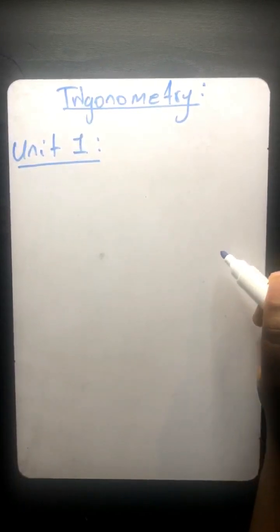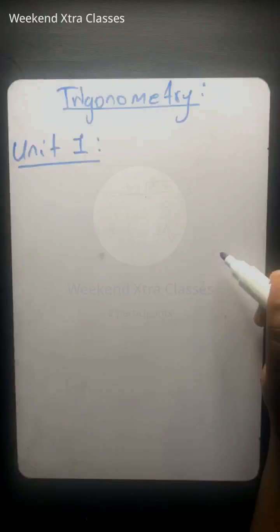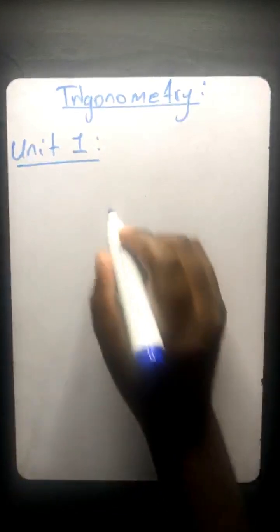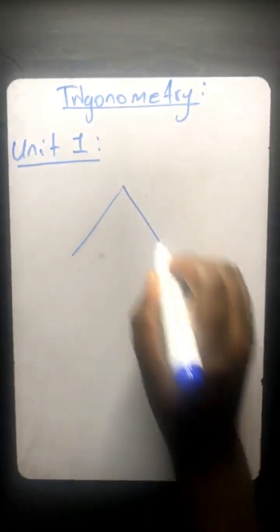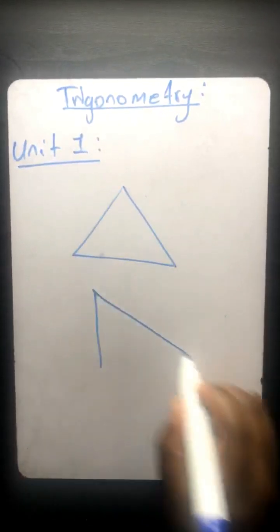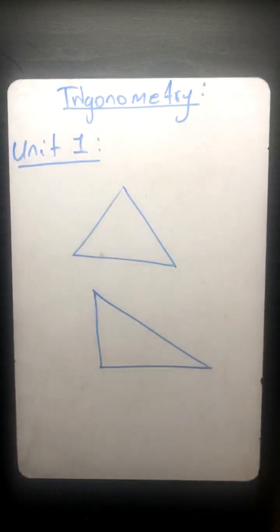Remember, trigonometry, in simple terms, looks at the relationship between the sides and angles. So we are studying a triangle. But under trigonometry, it's not just any triangle that we are looking for.